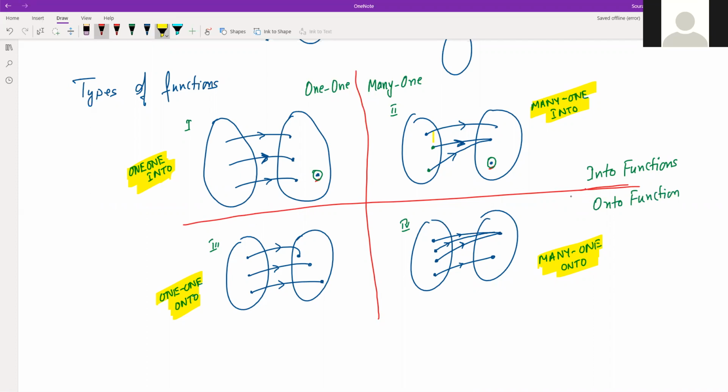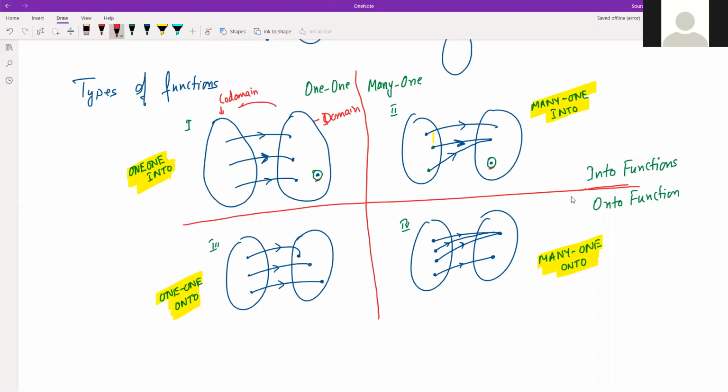So if we see the first one, if I consider the mapping from right to left, then now this will be our domain, the first set, and this will become the codomain when we are reversing the order.